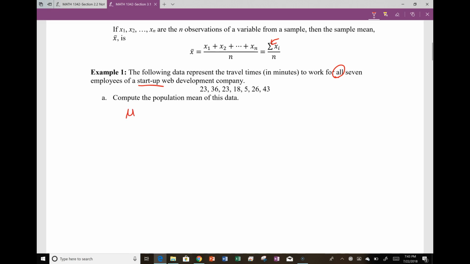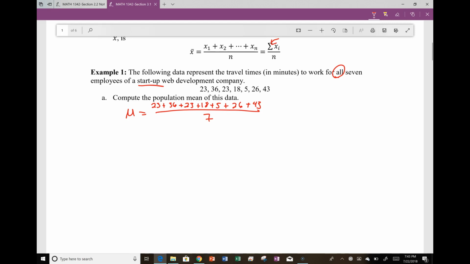So mu, which is this sigma symbol here, is equal to all the values added up, and I'm going to write them out for now. And we're going to divide by 7 because I've got 1, 2, 3, 4, 5, 6, 7 values.